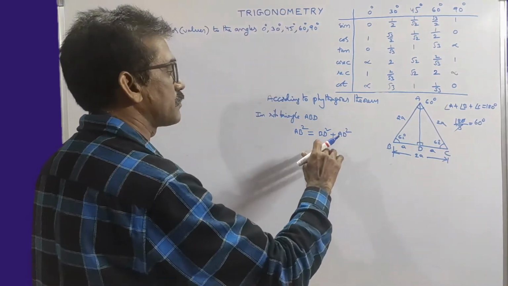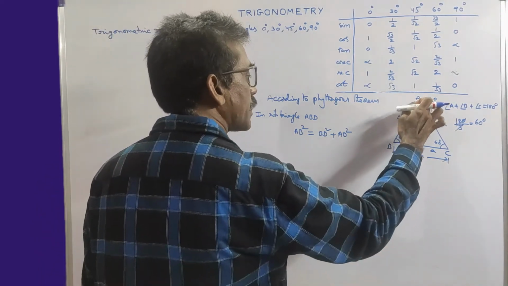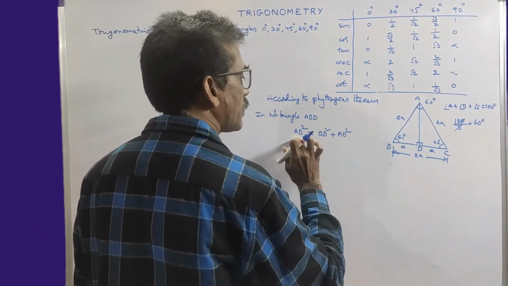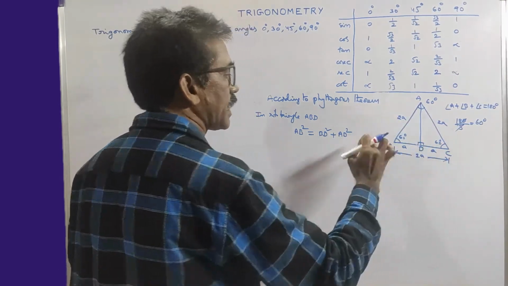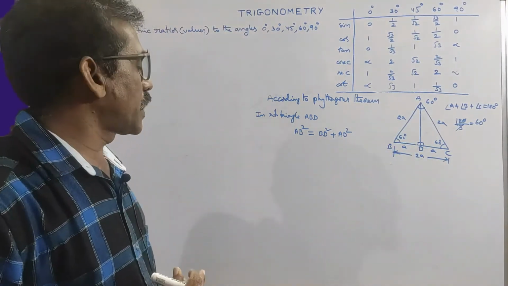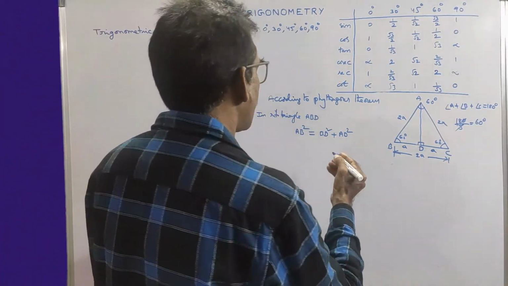This is the Pythagoras theorem. In any right angle triangle, the square of the hypotenuse, that is AB square, is equal to the sum of the squares of the remaining sides.